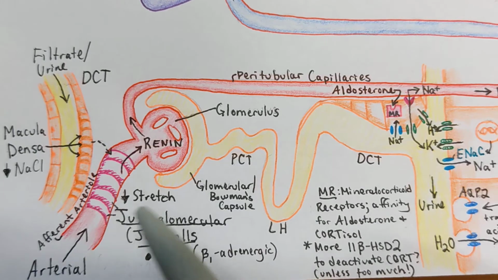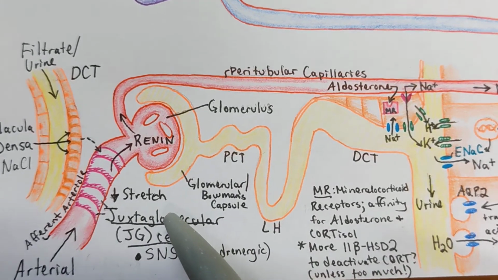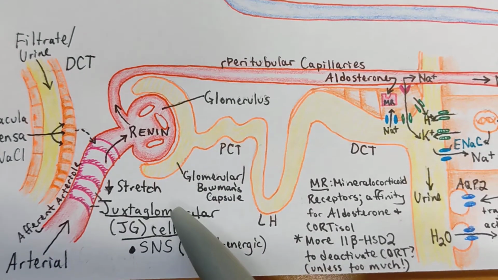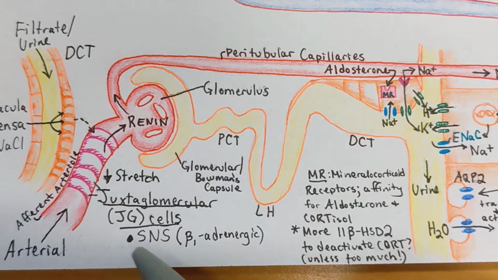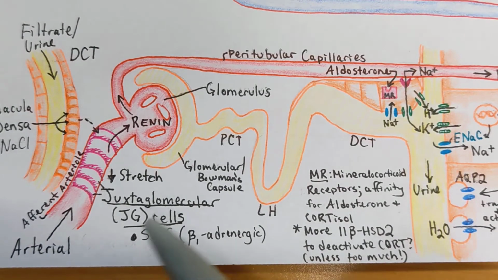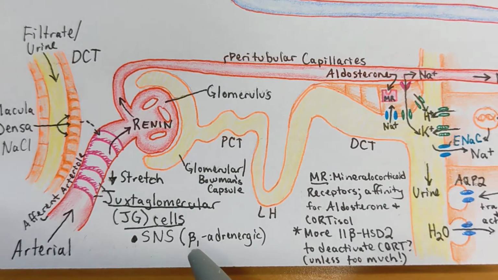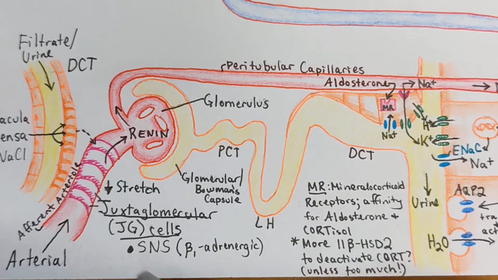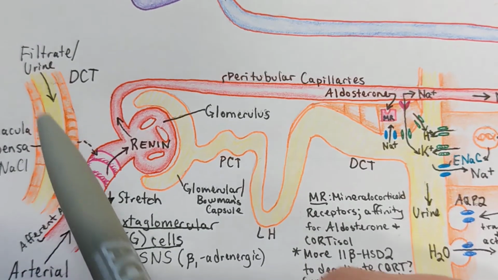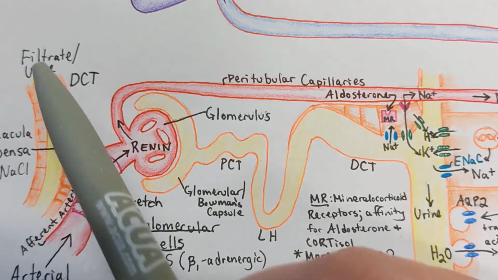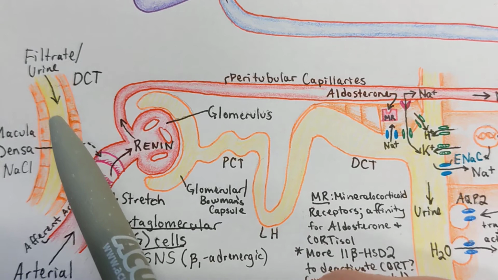Other stimuli, in addition to low stretch, therefore directly indicating low blood pressure, is sympathetic nervous system can activate these JG cells via binding beta-1 adrenergic receptors. Furthermore, the macula densa cells are continually monitoring salt concentration within the filtrate.